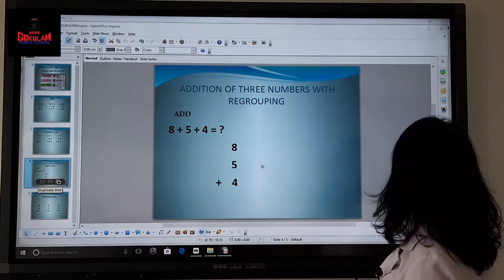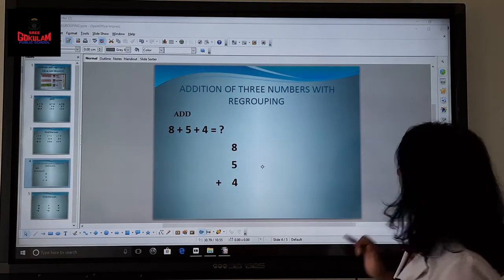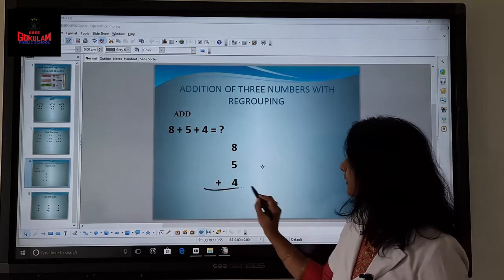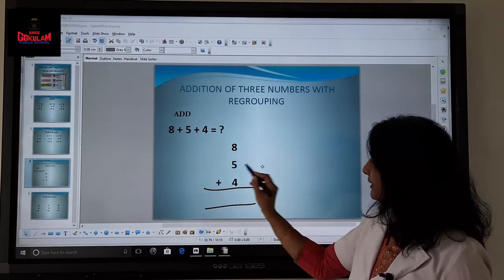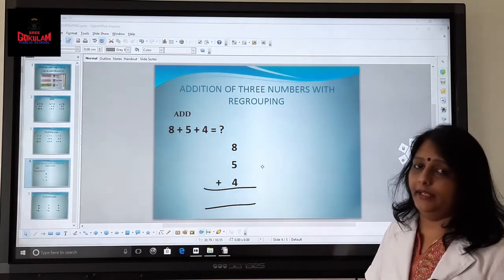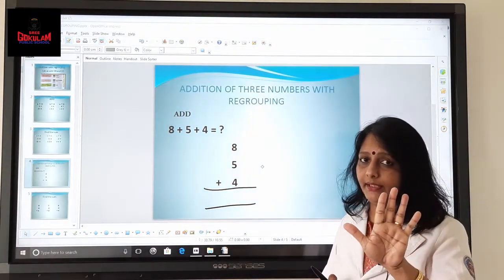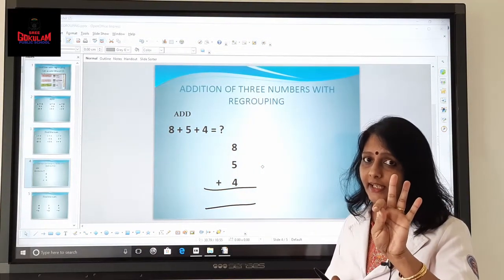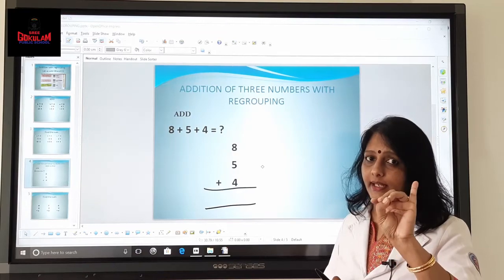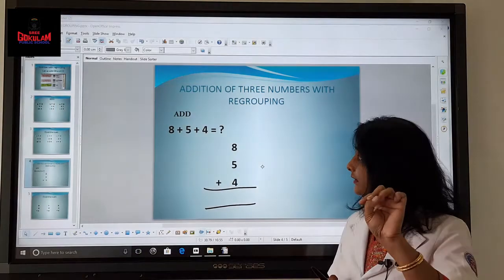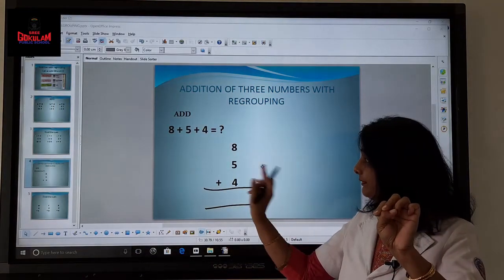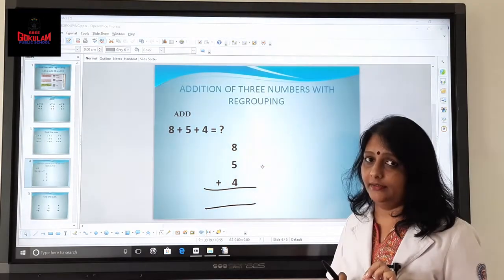So, how do we add that? What is 8 plus 5? 8 in your mind, 5 on your fingers. After 8, 9, 10, 11, 12, 13. 8 plus 5 is 13.